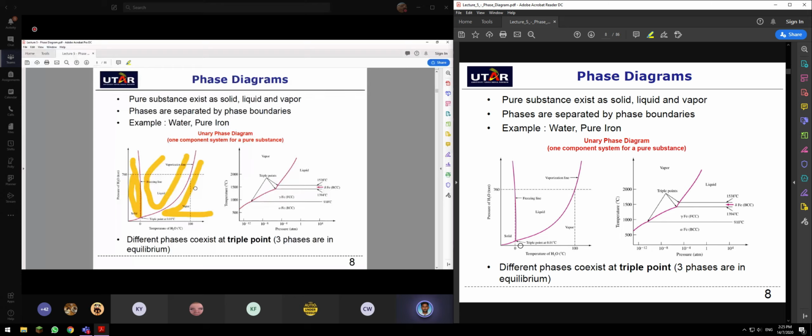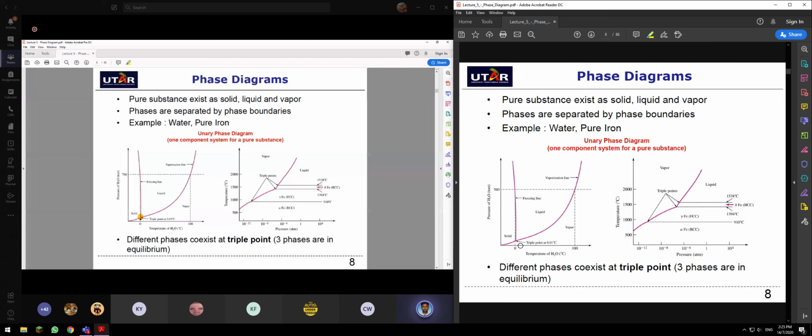And these three distinct phases are separated by the phase boundaries. All these phase boundaries will meet each other at one point. We call that the triple point. The triple point for water is 0.01 degrees Celsius, where three different phases exhibit equilibrium, which is solid, liquid, and gas. They coexist.